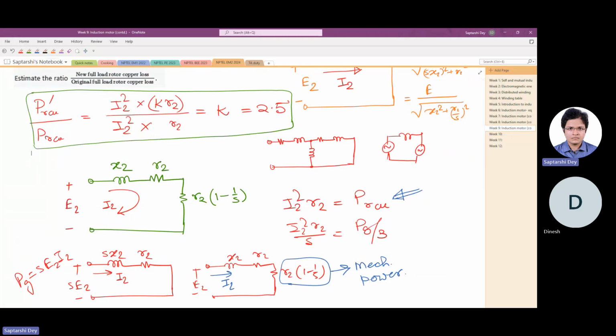Okay, anything else? Do we really have synchronous machine in this course? Let me just check quickly. Week 10, we have single phase induction machine.